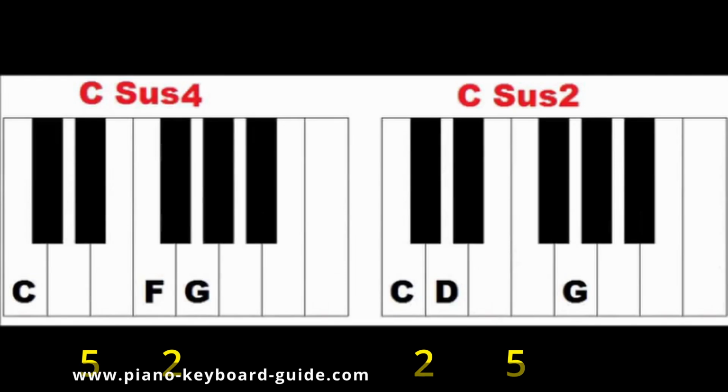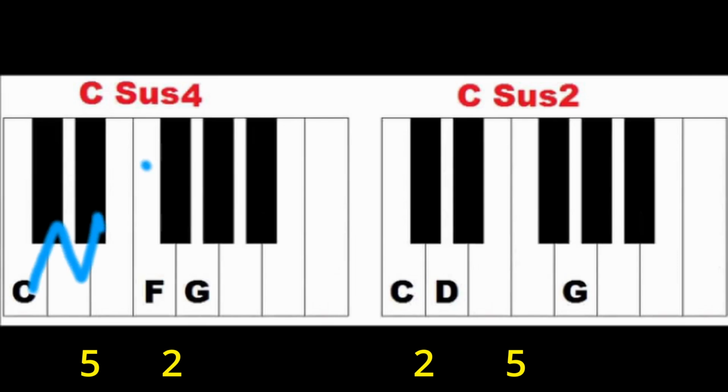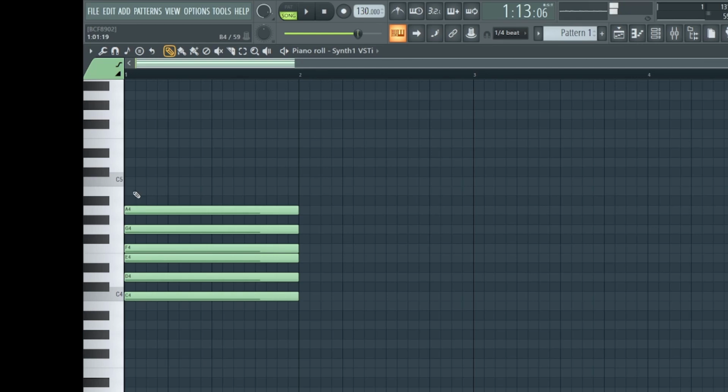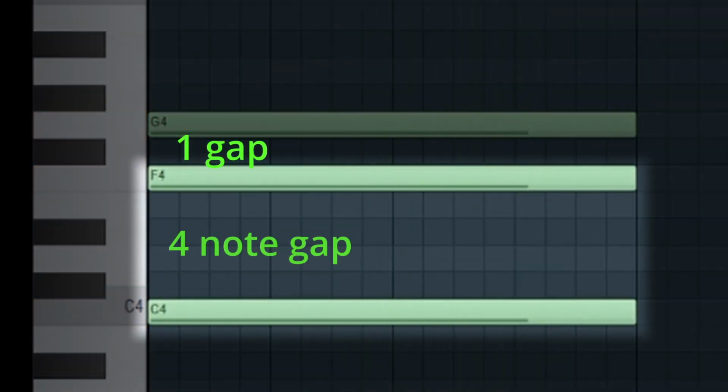So for suspended second chord, you can go first 2 semitones up from any given note, then 5 semitones. 2, then 5. Or with suspended fourth chords, you can go 5 semitones up first. Or if you're just using a DAW like FL Studio, just leave the 1 and 4 note gaps between notes.